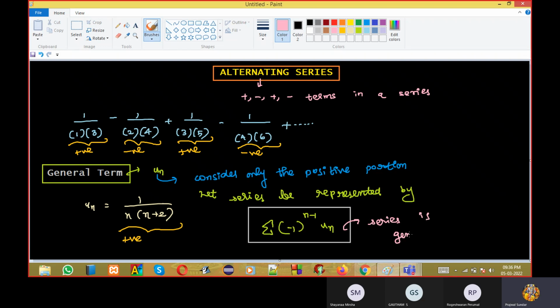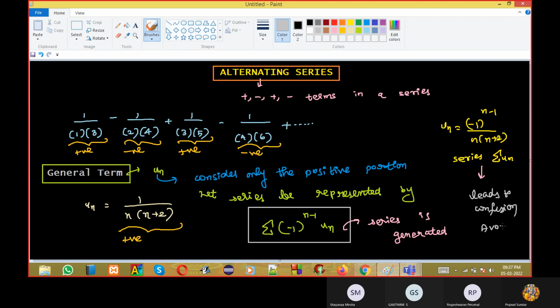Are you having any kind of confusion on this? It was very important. You can also do it like this: write un as -1 power n minus 1 by n into n plus 2, and say the series is sigma un. This is also correct, but this will lead to a lot of confusion. Avoid it.